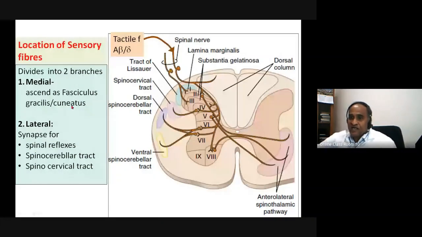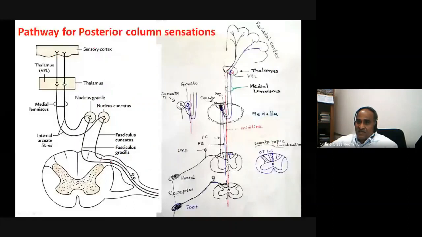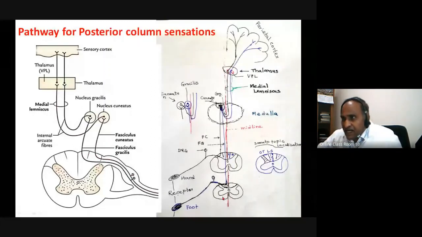Now here, the same thing, the fasciculus gracilis, because it is coming from the lower limb. If you look at the drawing I have made, this is coming from the foot. As it ascends, from the foot the leg is coming. As the leg is coming, this part goes medially.